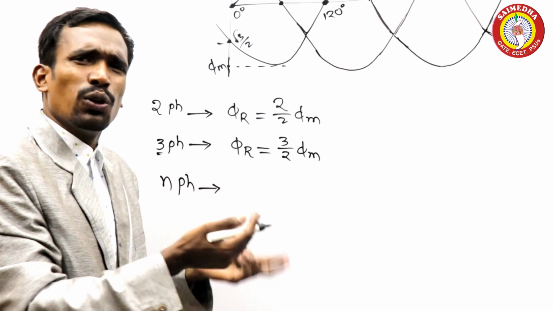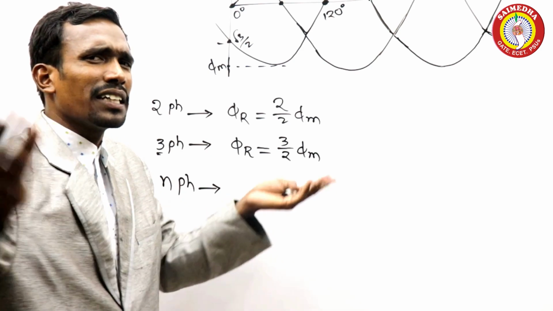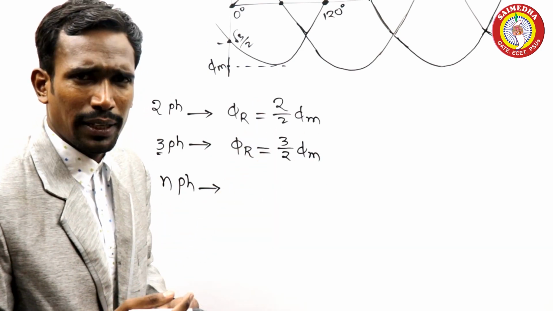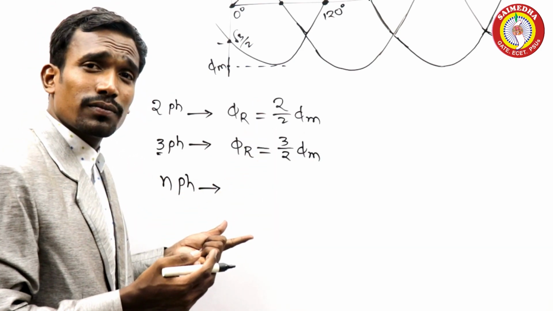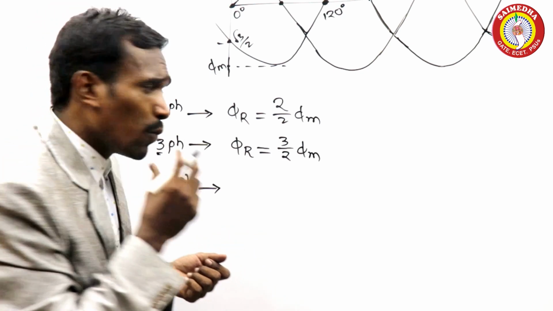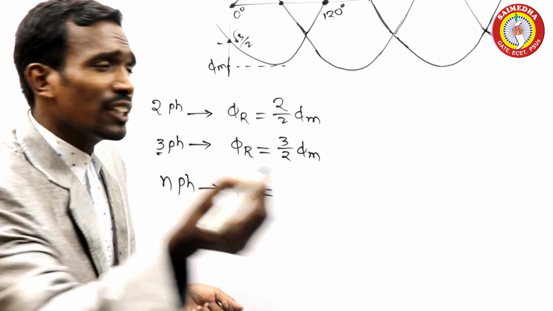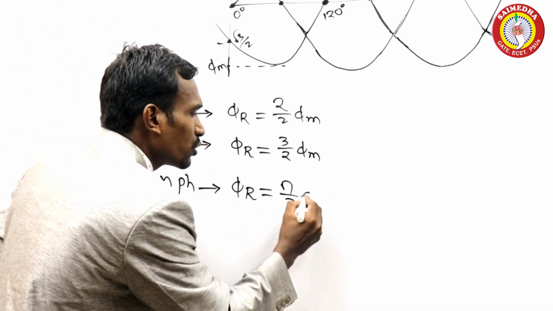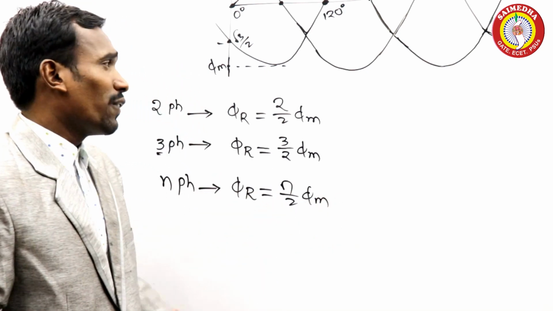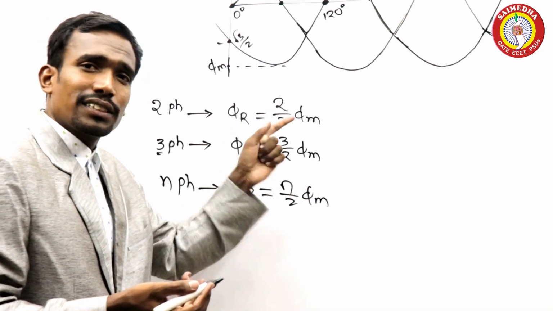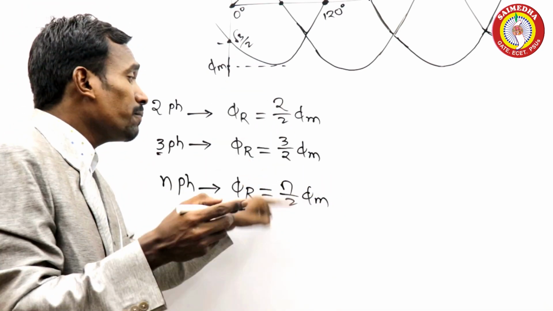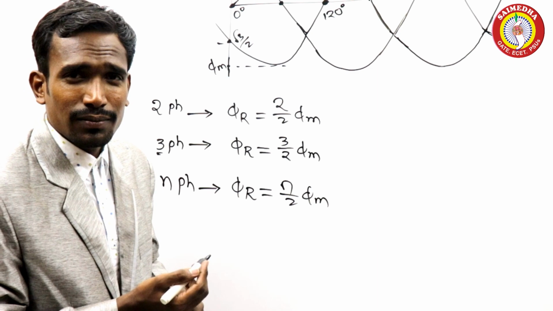N-phase is nothing but 2, 3, 4, 5, 6, 7, 36 and so on, whatever it may be. For an n-phase system, the resultant flux is n/2 phi m. For two-phase, 2/2. For three-phase, 3/2. For n-phase, n/2 phi m.